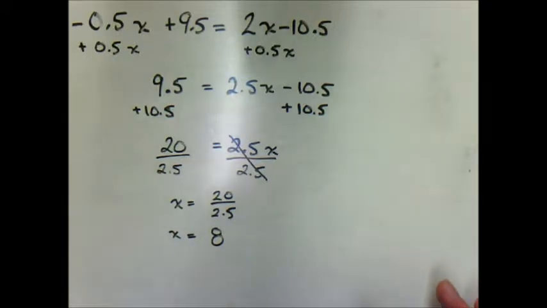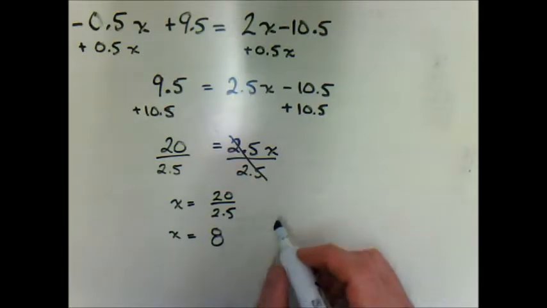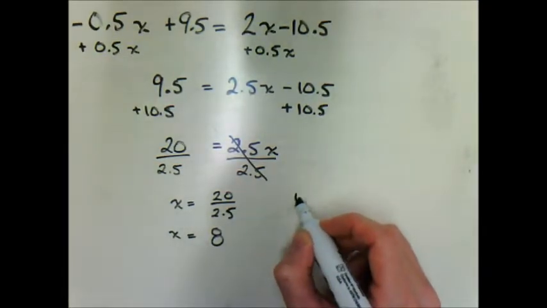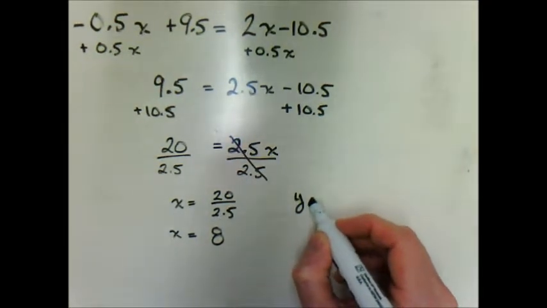So that gives us the x-coordinate of D. That gives us the x-coordinate of the place where the two roads meet at a right angle. We still need the y-coordinate. So all we need to do is choose either one of our equations, either the road AB or the road RD, and see if we get y. If we want to double check our answer, we could put it into both and make sure that they come out with the same y value. We're just going to sub it into the equation for road AB.